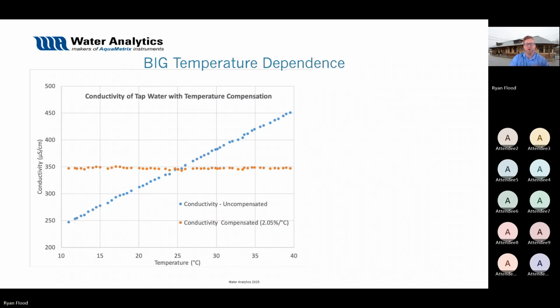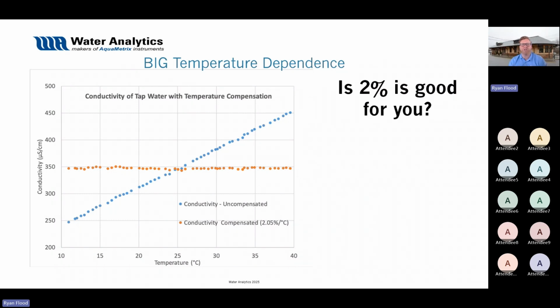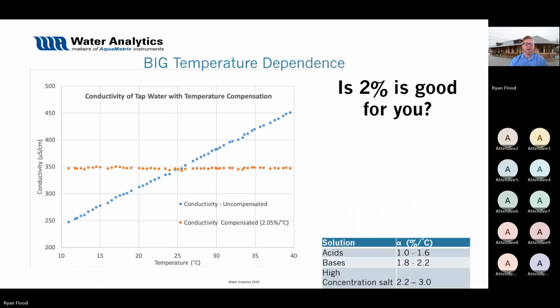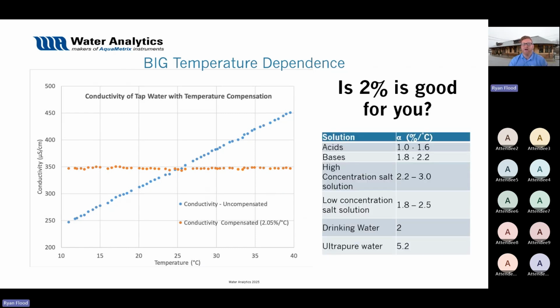And this is an important distinction to note because some measurements may want to be using temperature compensation and some don't. Most conductivity sensors out of the box are going to be using 2% as the standard, typically around 2.05% per degree C. So you have to ask yourself that question, is 2% good for you? If it's not, you can adjust it. It's a nice parameter with this as well. You can look at where your solution and your processed water is at, right?